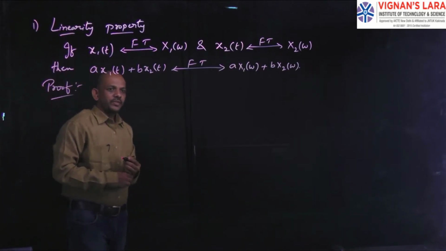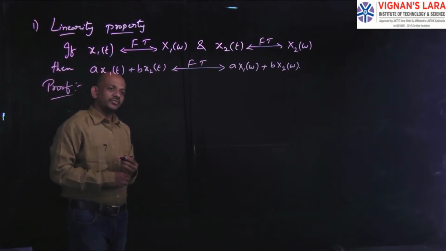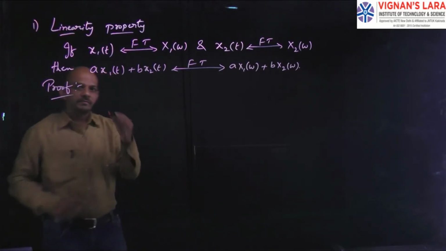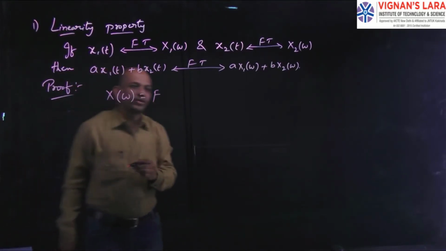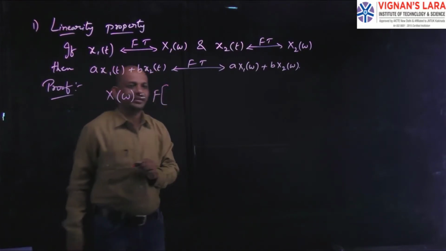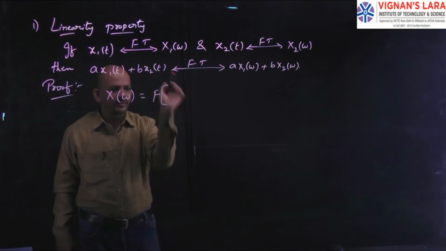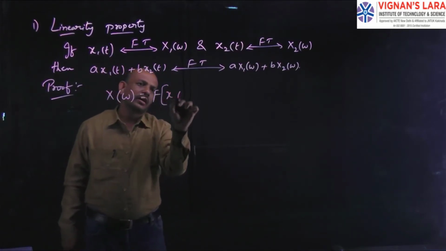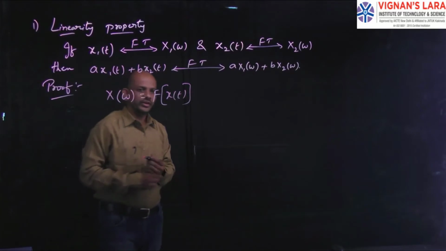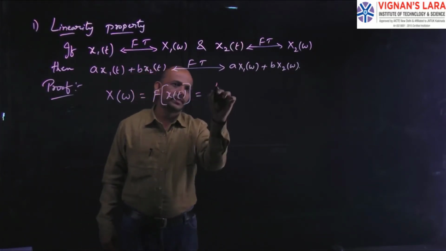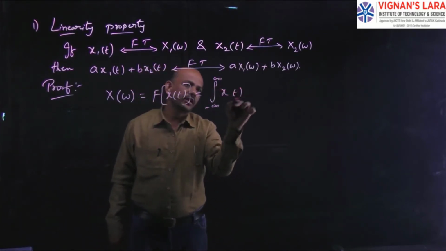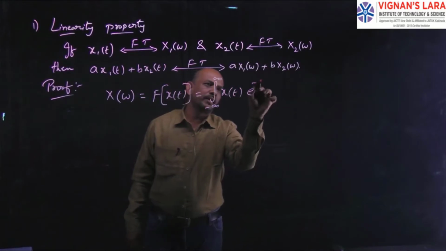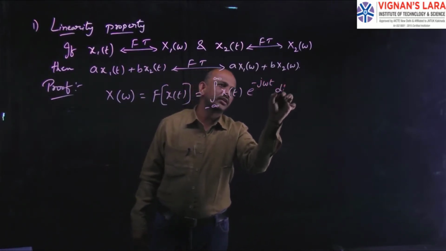We all know the formula for the Fourier transform of a signal x of t. So here X of omega is nothing but the Fourier transform of x of t, which is equal to the integral from minus infinity to infinity of x of t e power minus j omega t dt.